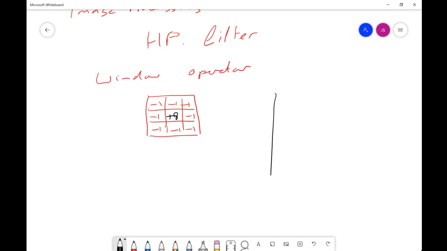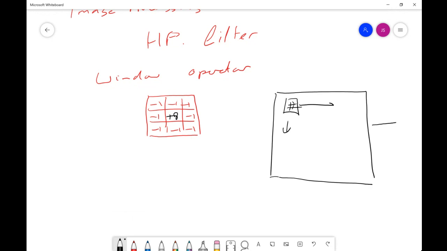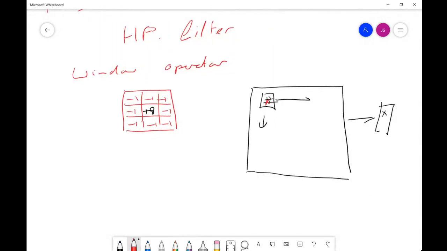What you do is you take an image and you use that 3x3 window, and it moves across the image and down. You're applying this to every 3x3 part of the image, and the output is the pixel at the center. In exam questions, if I'm giving you a 5x5 image to filter, you'll lose the top row, the bottom row, and the sides, and end up with a 3x3 output.